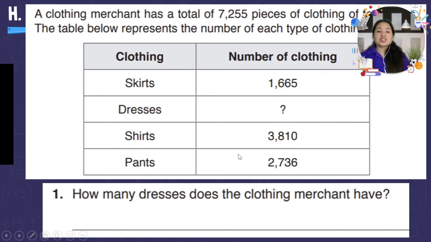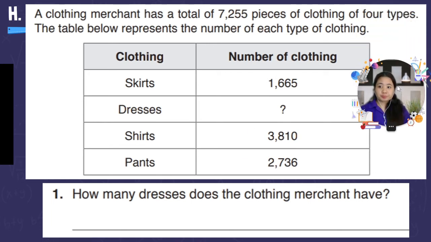Let me read first. A clothing merchant has a total of 7,255 pieces of clothing of 4 types. The table below represents the number of each type of clothing.